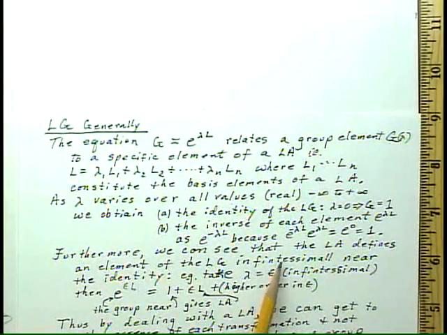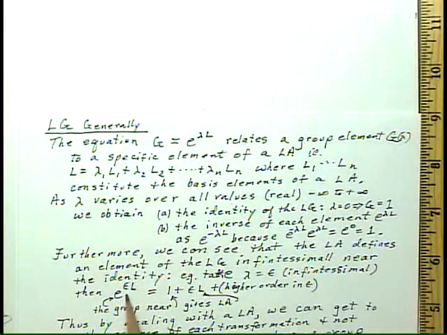Furthermore, we can see that the Lie algebra defines an element in the Lie group infinitesimally near the identity. If we took lambda equal to epsilon, then we can write e to the epsilon times L as 1 plus epsilon times L, and then ignore higher orders than epsilon, because we would have infinitesimal squared, infinitesimal cubed terms, and so forth, which, close enough to the identity, can always be ignored.